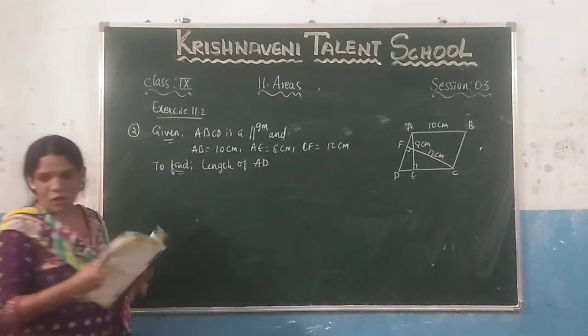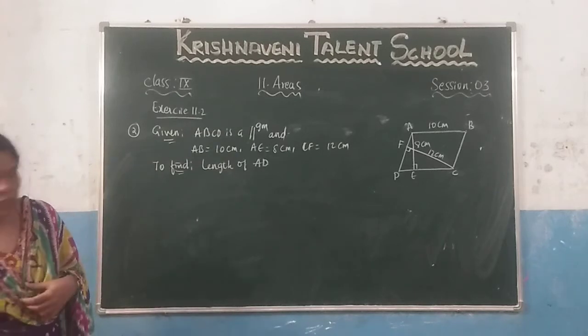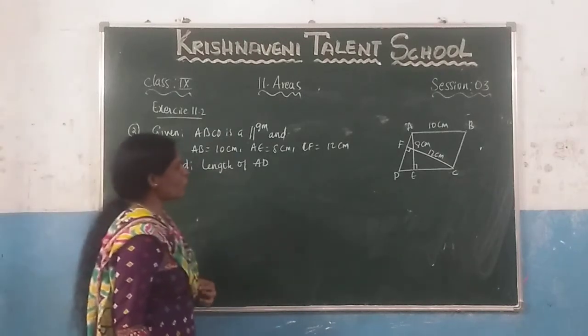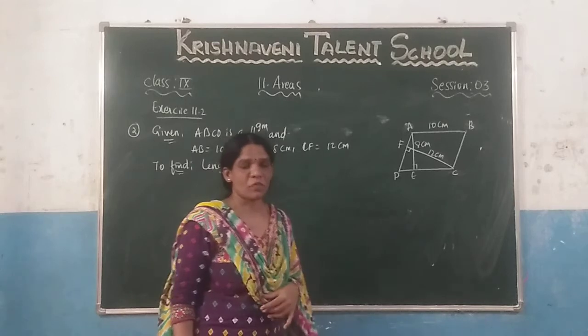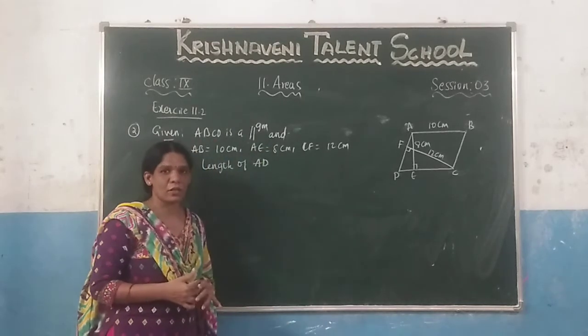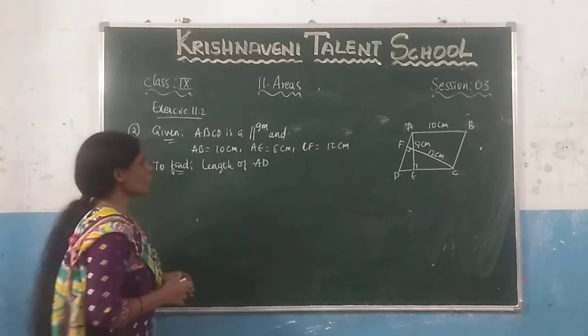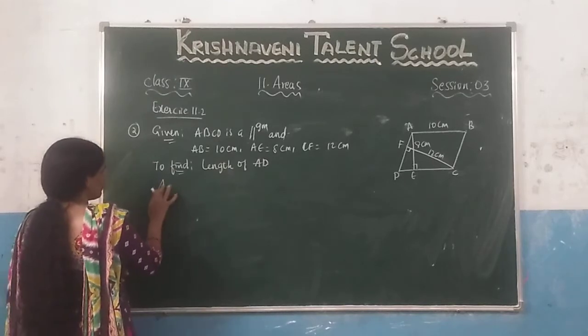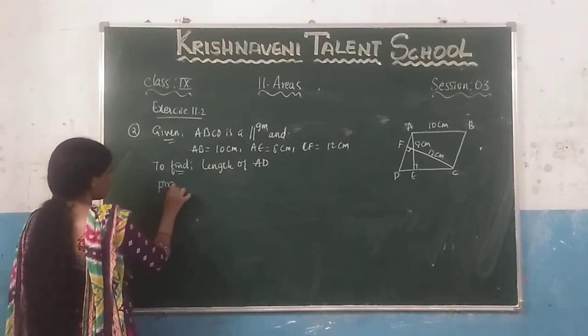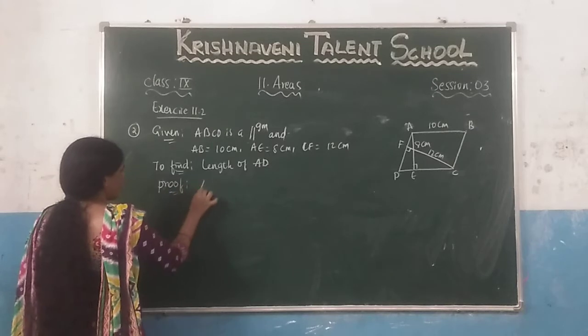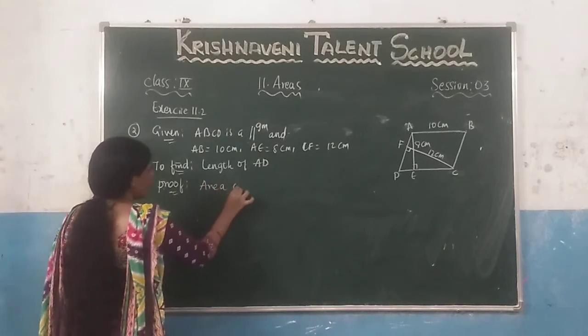So here, how do you find the length of AD? Now, you know the formula for the area of the parallelogram, which is base into height. So let us write it here.